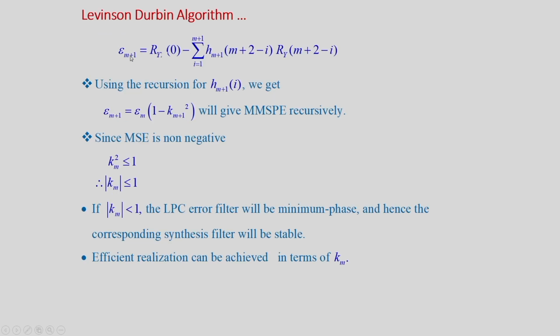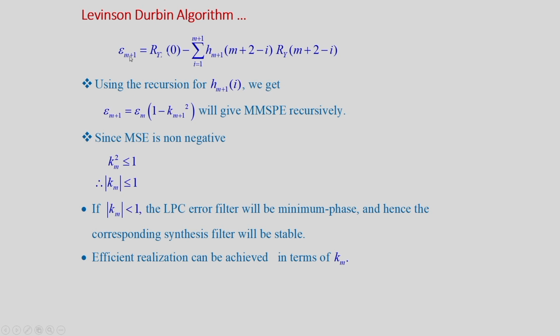Now, the mean square prediction error at order m+1 is given by r_y(0) minus summation h_{m+1}(m+2-i) into r_y(m+2-i) going from 1 to m+1. Now, using the recursion for h_{m+1}(i), we get this relationship.